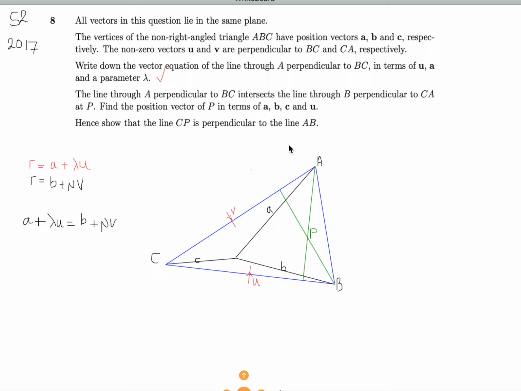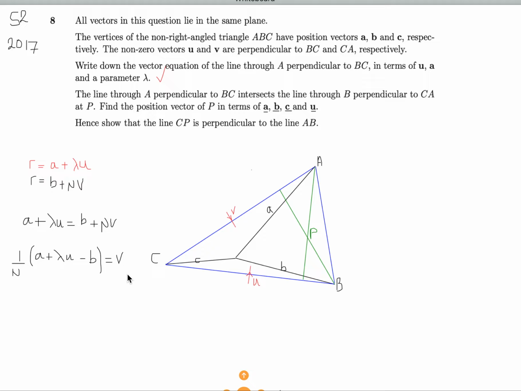If we look at the question though, it wants us to give our answer in terms of a, b, c and u. So there's no v there at all. A good idea is to get this in terms of v and then see where we can go from there. So a plus lambda u minus b equals mu v, but we can divide by mu, so 1 over mu times this equals v.